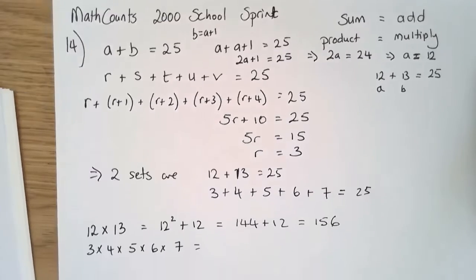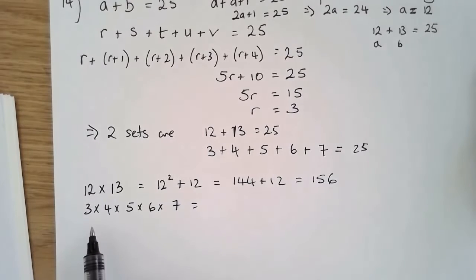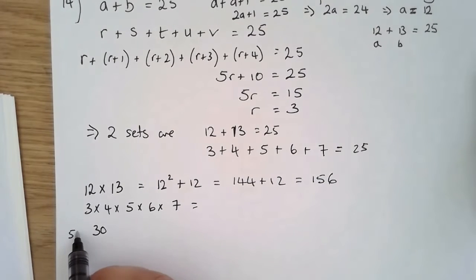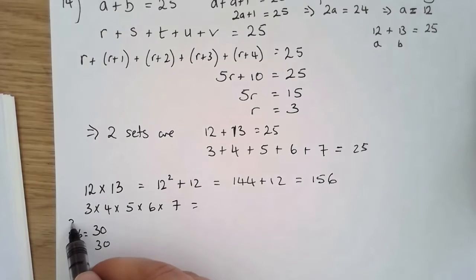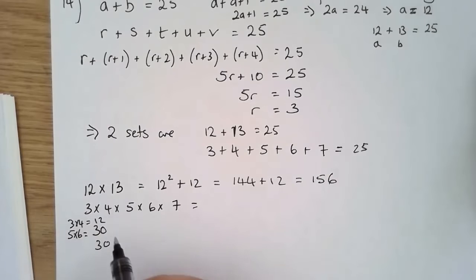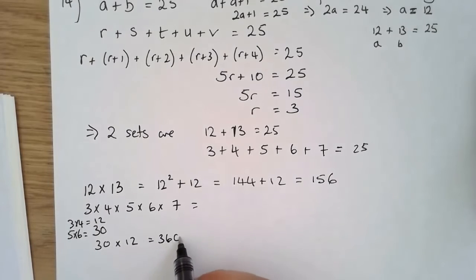I'm sure you've got your way of working through that. 3 multiplied by 4 is 12, and 5 multiplied by 6 is 30. 30 multiplied by 12 is 360, and I'm going to multiply it by 7.